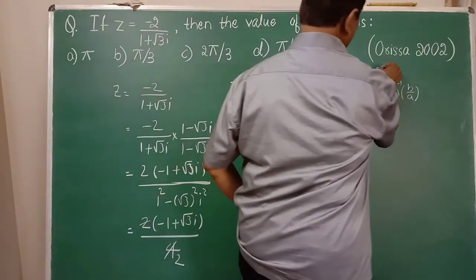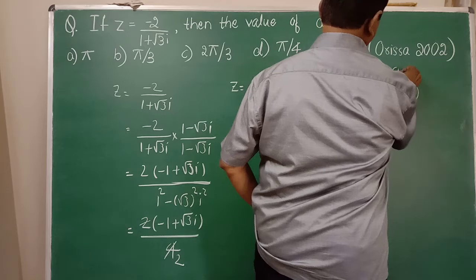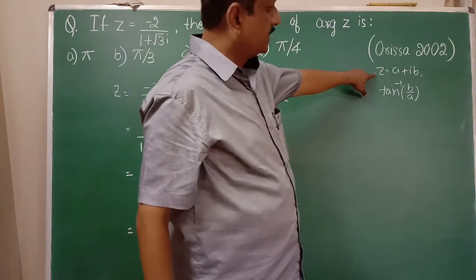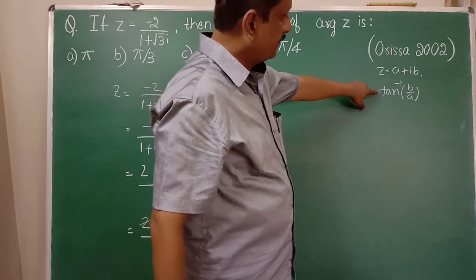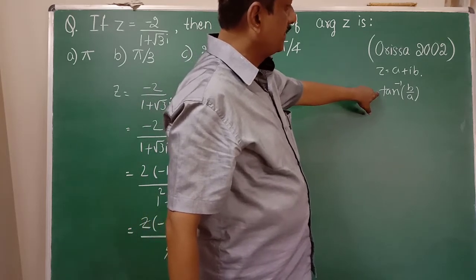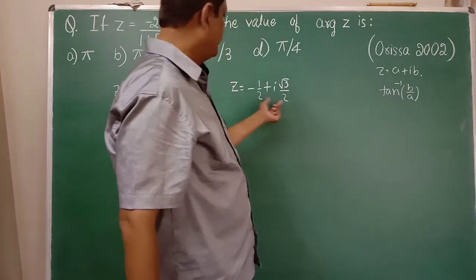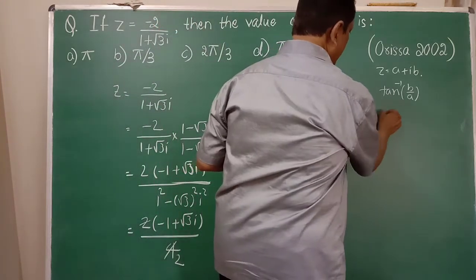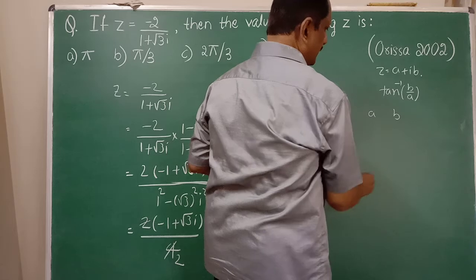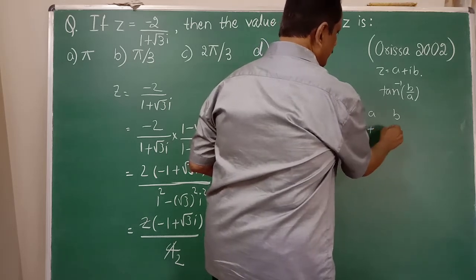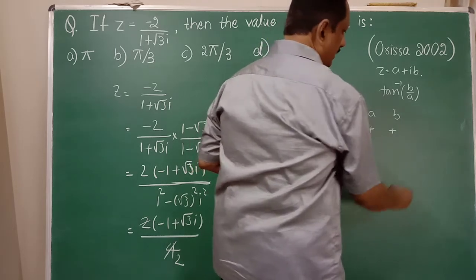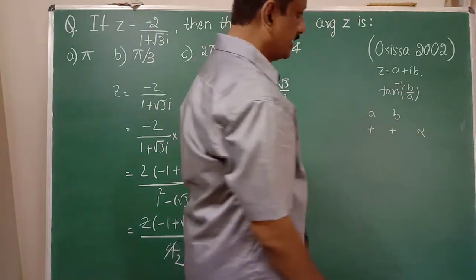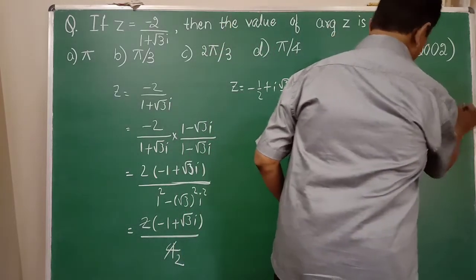Suppose z is equal to a plus i b, a complex number, then the amplitude is tan inverse of b upon a. And one more thing, a and b are real numbers. If both are positive, then take alpha, it comes under the first quadrant.